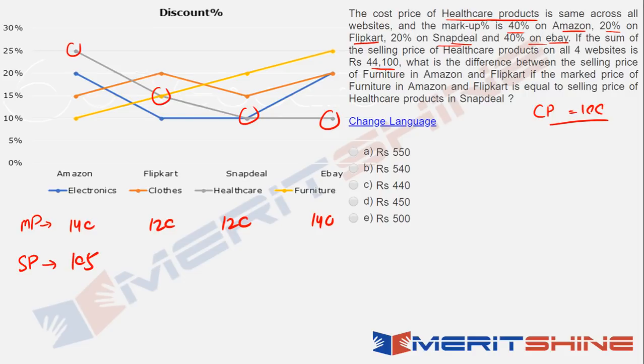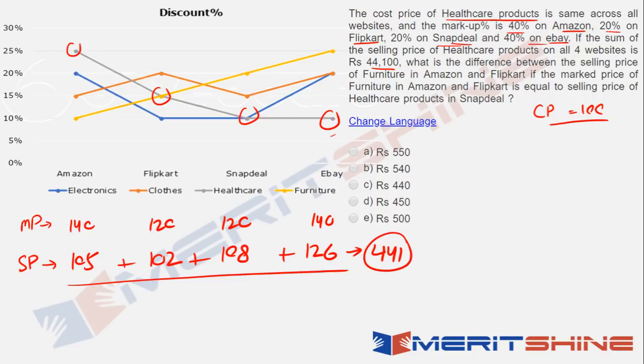Then 15% subtracted from 120 becomes 102. Fine. 10% from here, 108, and 10% gone from this 140, it's 126. So what is the sum of these four numbers? If you add these four numbers, this becomes 441.